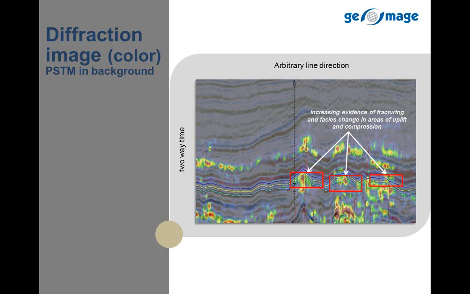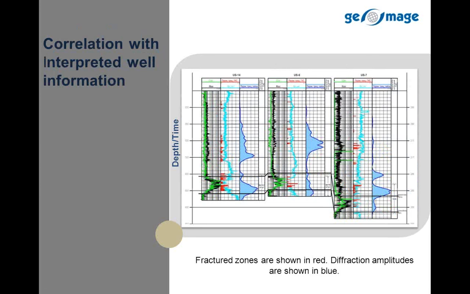This is another line extracted from the 3D cube, and again increasing evidence of fracturing in areas of uplift and compressions. When we look at the different well positions, we see again this very good correlation between the diffraction energy and the fracture zone interpreted from the well information, almost everywhere.